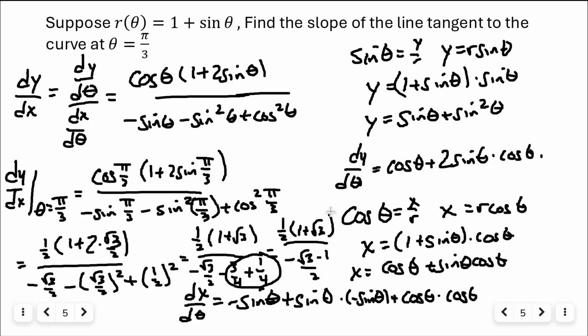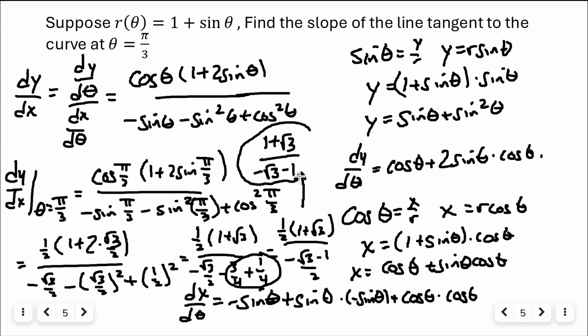And now I can flip over the 2, the fraction that's in the denominator. The 2 will knock out the half, and it'll give me 1 plus root 3 over negative root 3 minus 1.